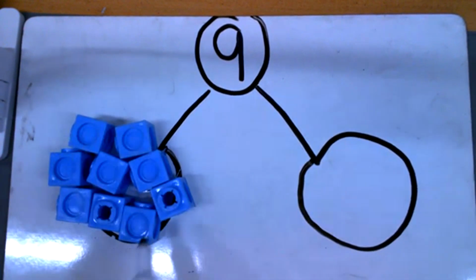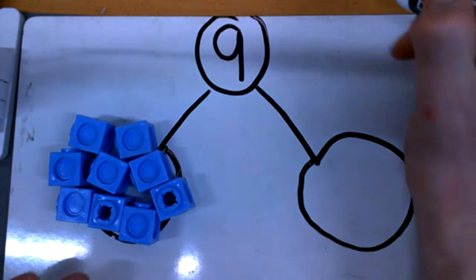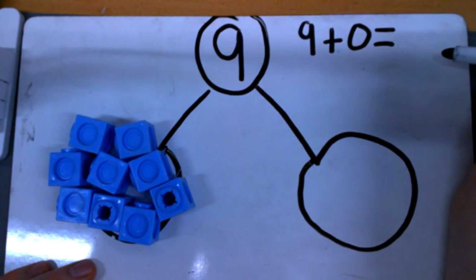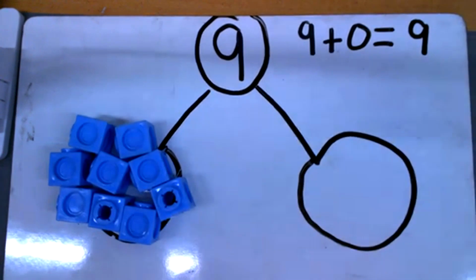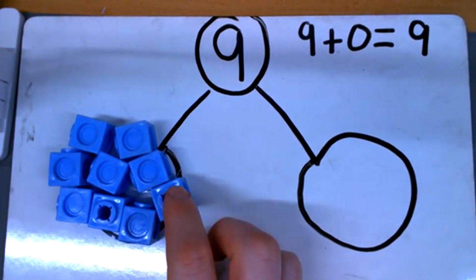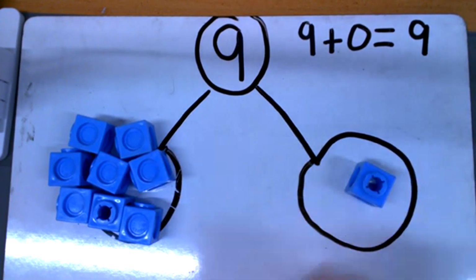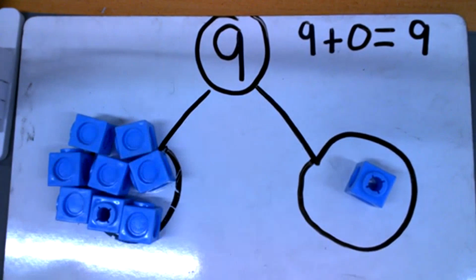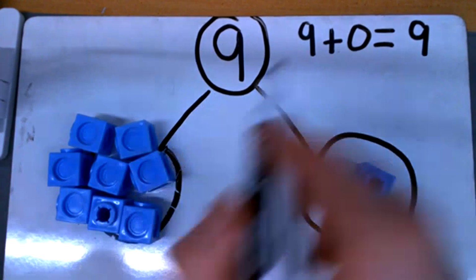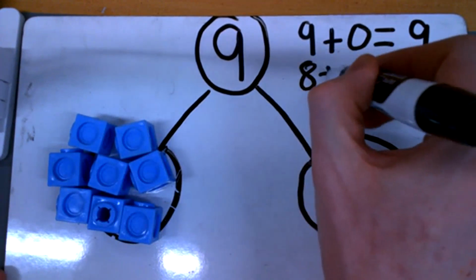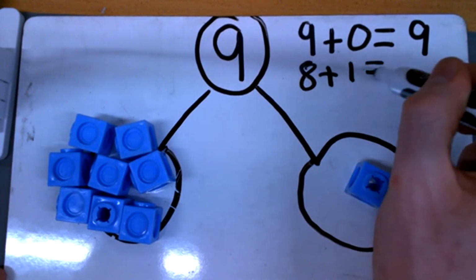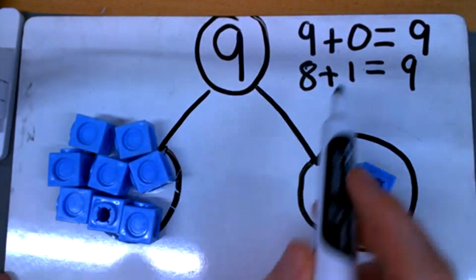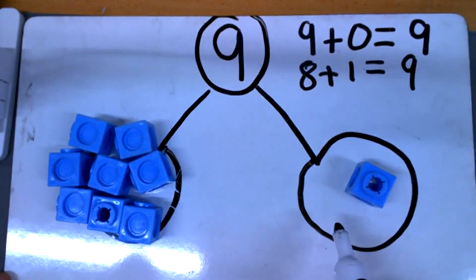So right, let's go. 9 plus 0 equals 9. Okay, then I'm going to move 1 across because I'm working methodically. Okay, let's go again. 1, 2, 3, 4, 5, 6, 7, 8. 8 plus 1 equals 9. Now I did 8 because I have 8 over here, and the 1 because I have 1 over here.